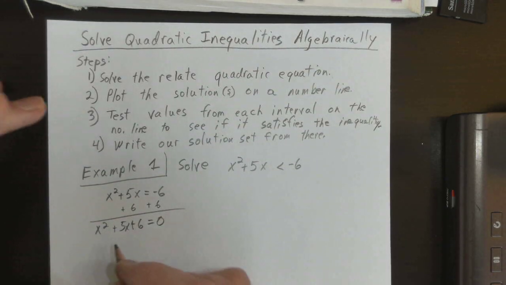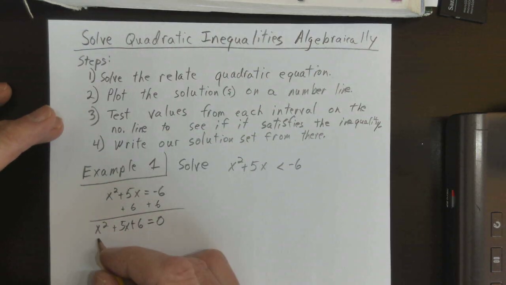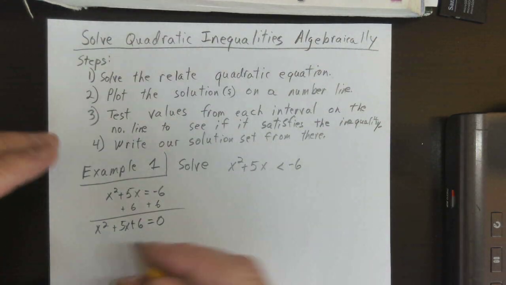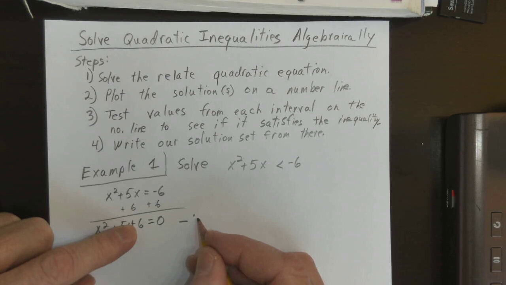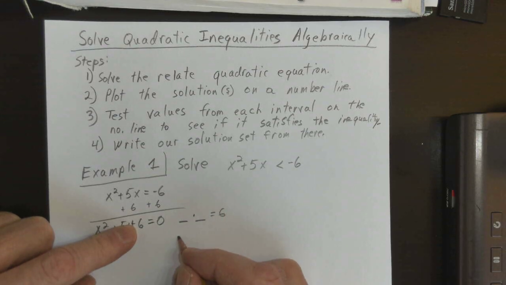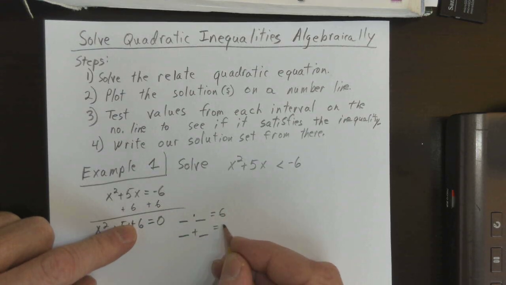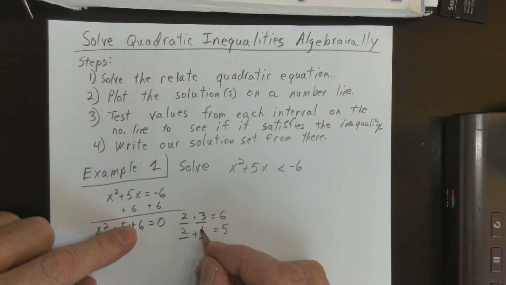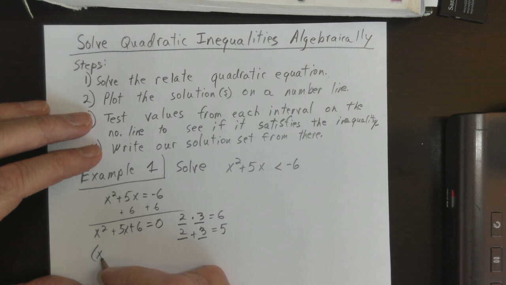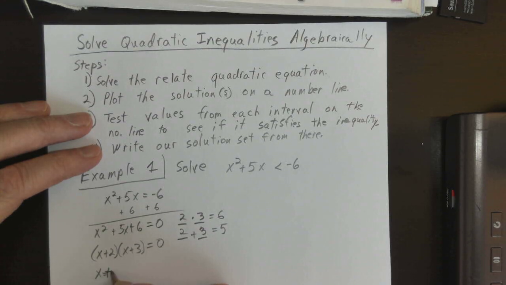This will actually factor. I'm going to use factoring here. You can use the quadratic formula, but I know 2 numbers that will multiply to 6 and add to 5. That'd be 2 times 3 and 2 plus 3. So x plus 2 times x plus 3 is equal to 0. We're going to use the zero product property.